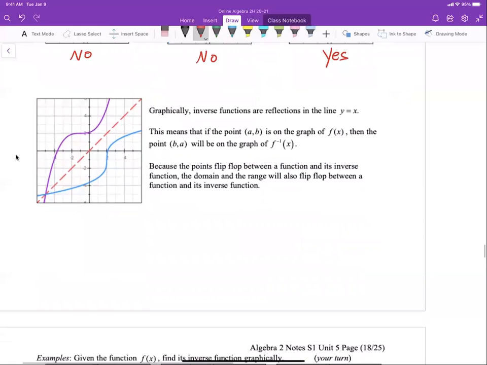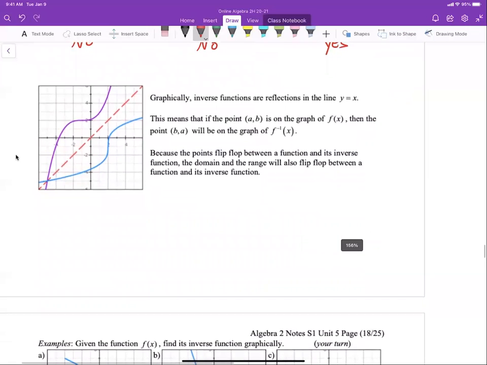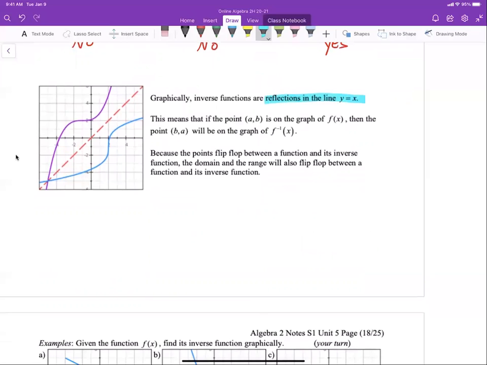All right. Graphically, inverse functions are reflections, as we've said before, in the y equals x line. So here is the y equals x line. It's linear with an intercept of (0, 0) and a slope of 1. Here is a point on my original function, (-1, 2).